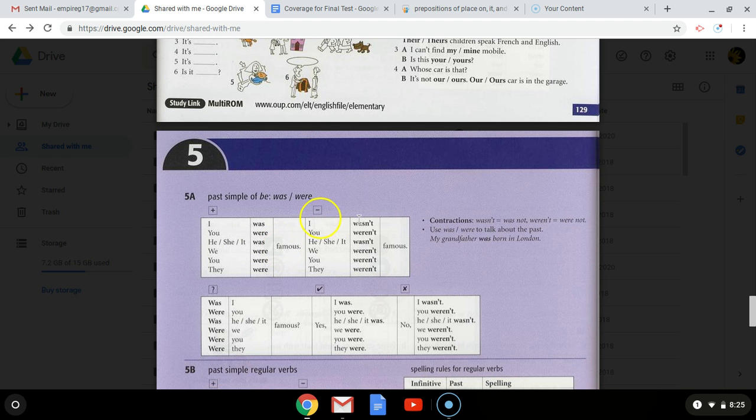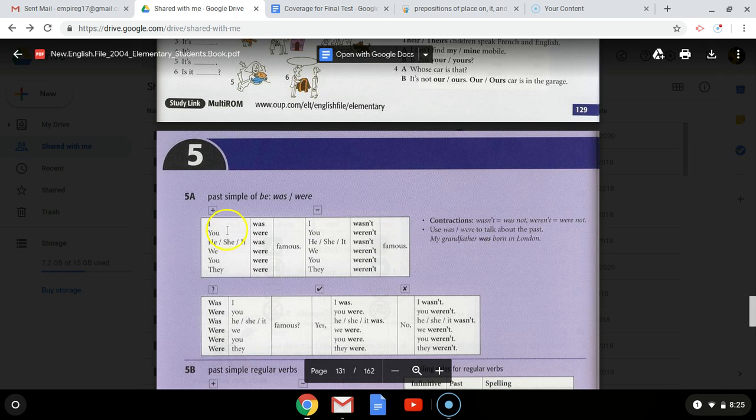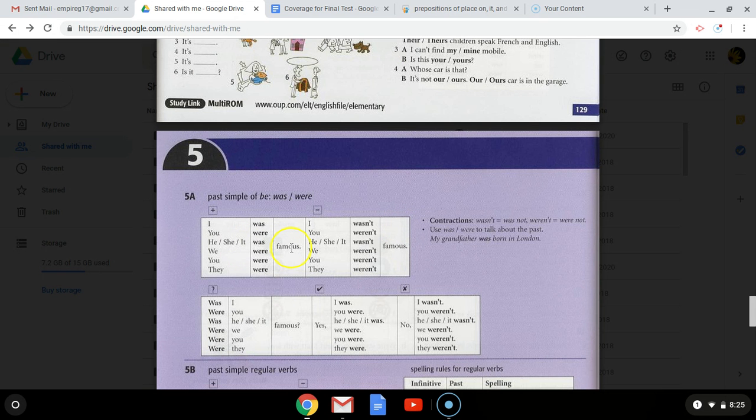Okay, and then for the negative, all you have to do is to add not or n't, wasn't and weren't. Okay, for example, I was famous. You were famous. He, she, it was famous. You were, they were famous.